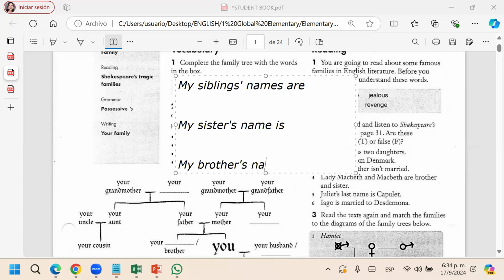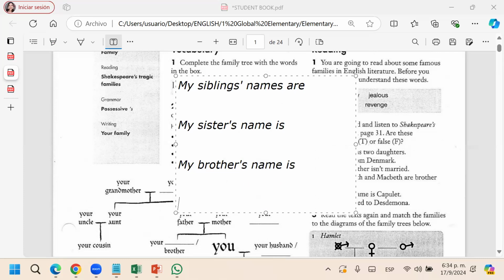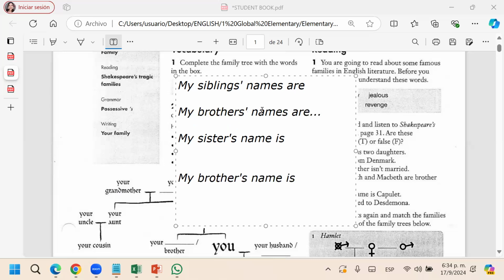If you have more than one, you put the apostrophe after the S because it's plural: my siblings' names, or my brothers' names.